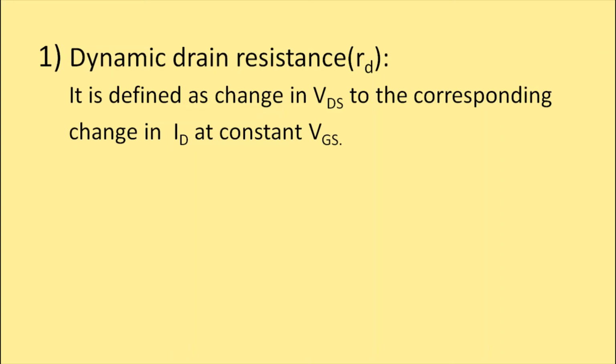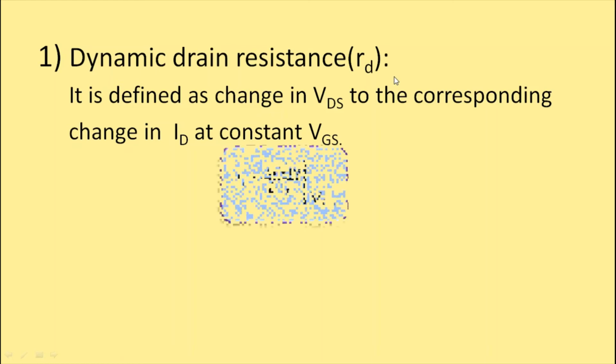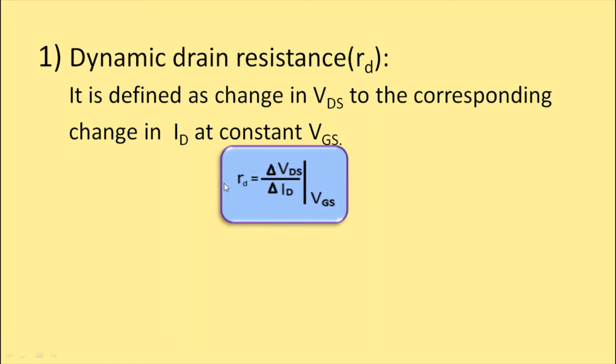So now here it is defined as a change in VDS. Observe, when I tell change, that time itself I am referring to the AC content there. So here change in VDS to the corresponding change in drain current at constant VGS is what is RD, that is drain resistance. The formula is given like this: RD is equal to delta VDS by delta ID. Observe the vertical line here.